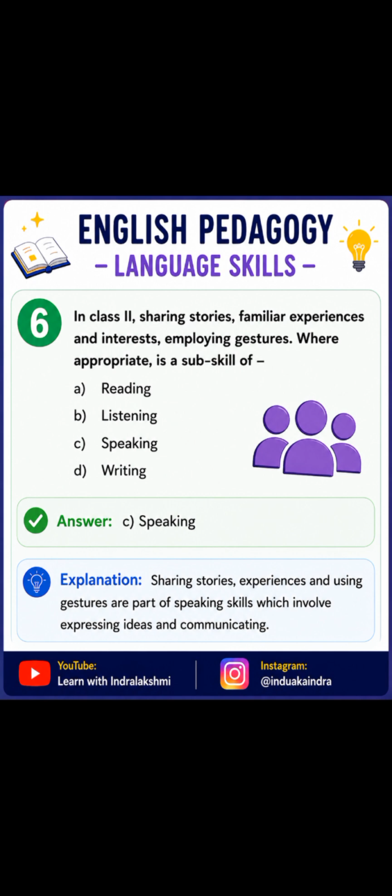If you see, sharing stories where we employ our gestures would be a subskill of speaking. Option C speaking would be the correct answer, because sharing stories, experiences, and using gestures are part of speaking skills which involve expressing ideas and communicating.